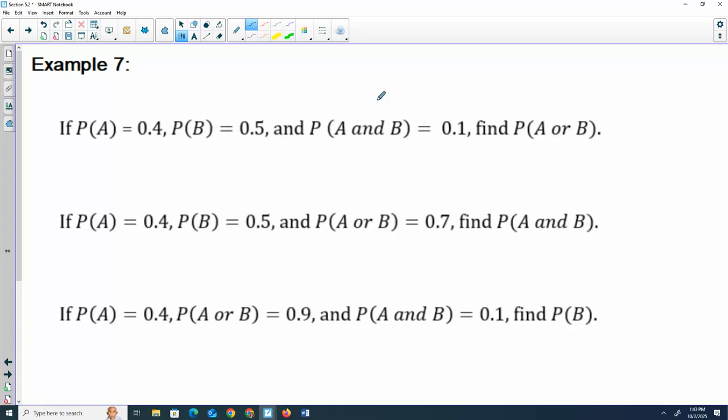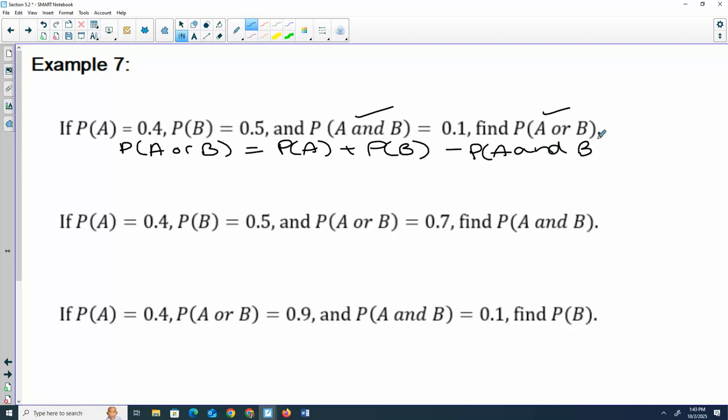Do we have a formula that involves both an and an or in it? Yeah, we said on our formula sheet it was E and F, but we can do A and B. It says probability of A or B is probability of A plus probability of B minus probability of A and B. That's our general addition rule.